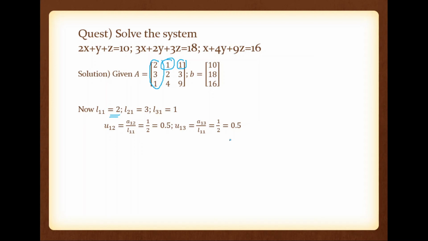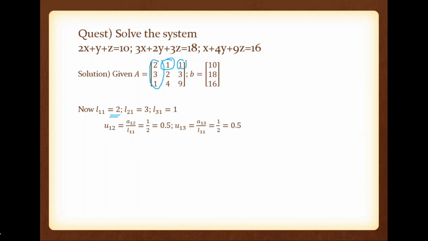Okay. So now find the second column of L, that is L22. Please remember L22 is A22 minus L21 into U12. Here we have L21, here we have U12.